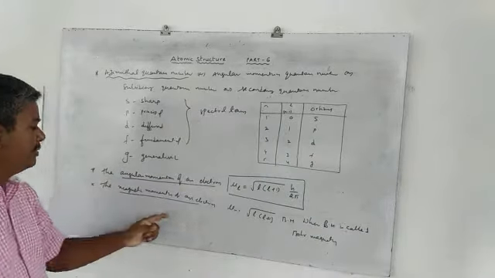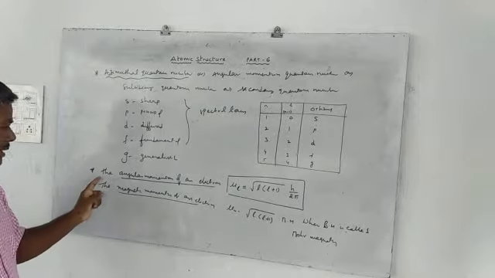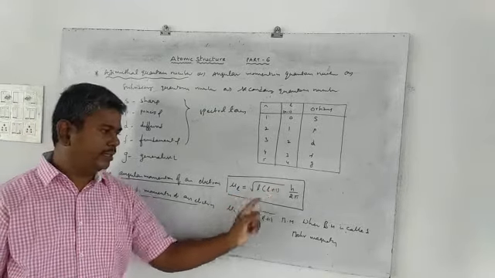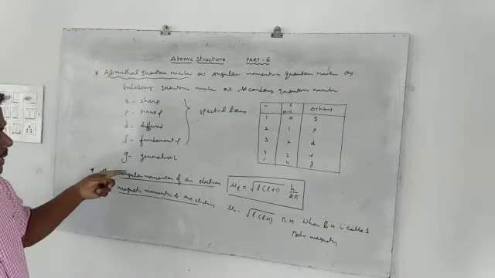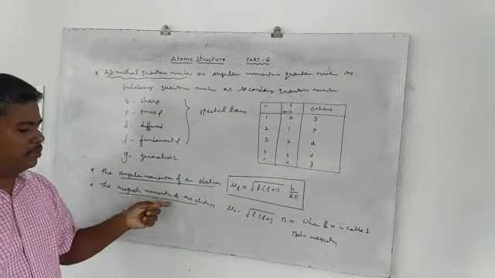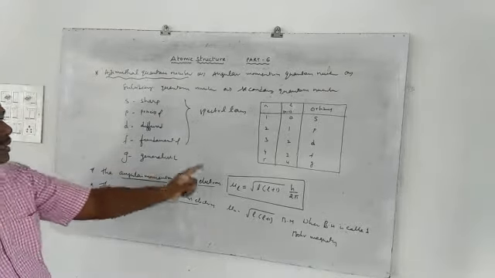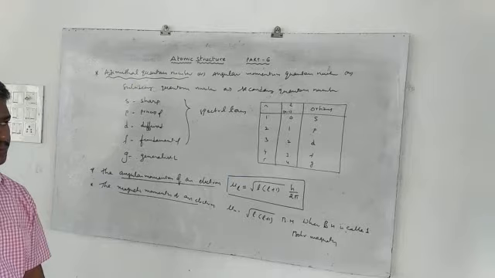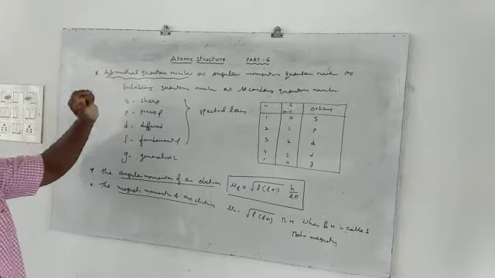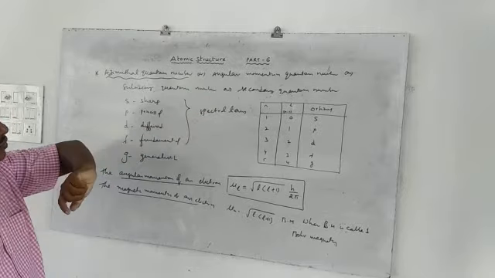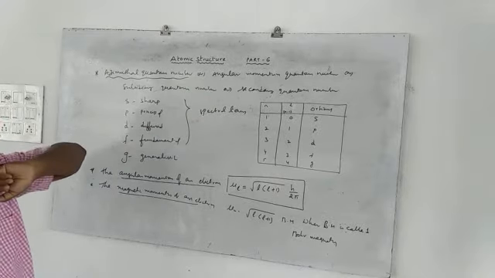Bohr magneton is the unit for magnetic momentum. And angular momentum is root over L into L plus 1 into h by 2 pi. So the angular momentum as well as magnetic momentum can be calculated by which one? Azimuthal quantum number L value. Clear? That is about the azimuthal quantum number, which is given by Sommerfeld.